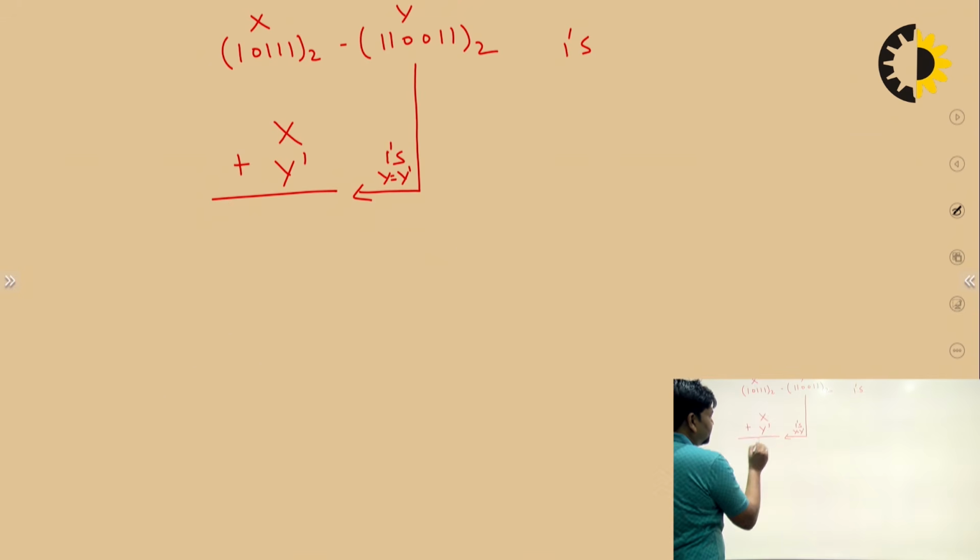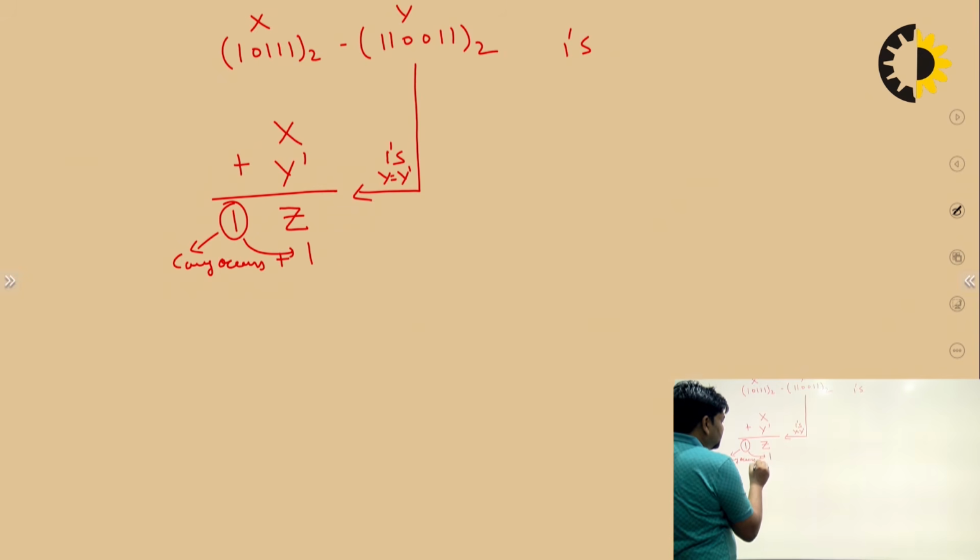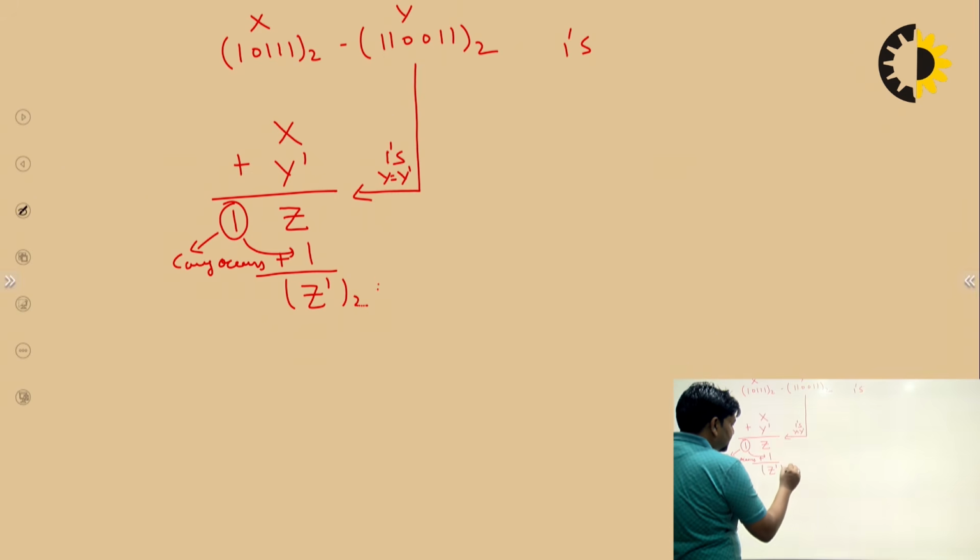Then we add it, and the value is z. So z is the addition; if carry occurs, then we add 1 to the summing term z. So this is the answer.